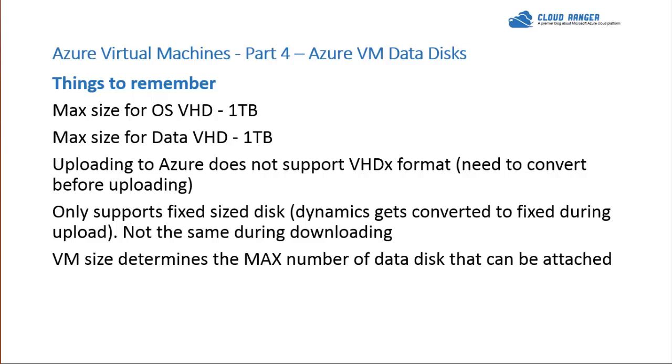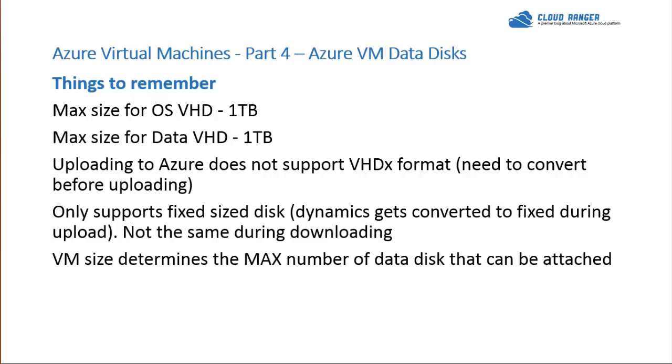You cannot go crazy and attach as many data disks as you want to a virtual machine. You have to be very careful, and this is part of planning. All the virtual machines have different sizes, like we talked about in our previous couple of sessions. The size of the virtual machine determines how many data disks can be associated with it.